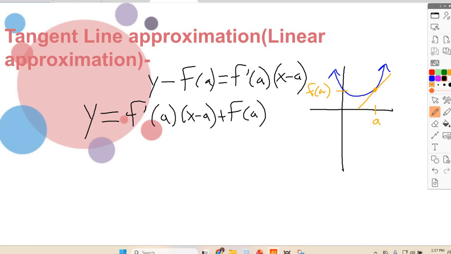Now, pretend with me for a second. I know this is a quadratic, but there are lots of functions out there that are really complicated to plug into, meaning that to actually evaluate a number at it, it's really hard to get an exact answer. Or sometimes we don't know enough information about it to get an exact answer.